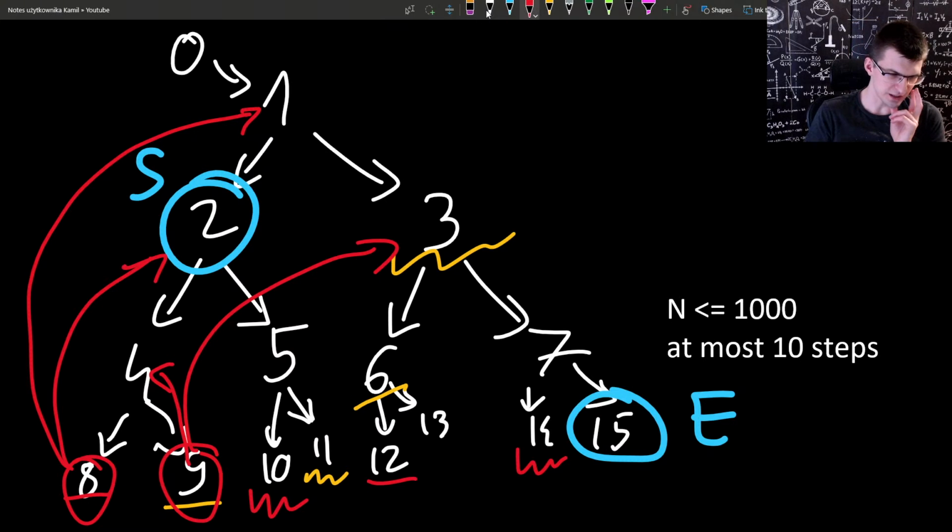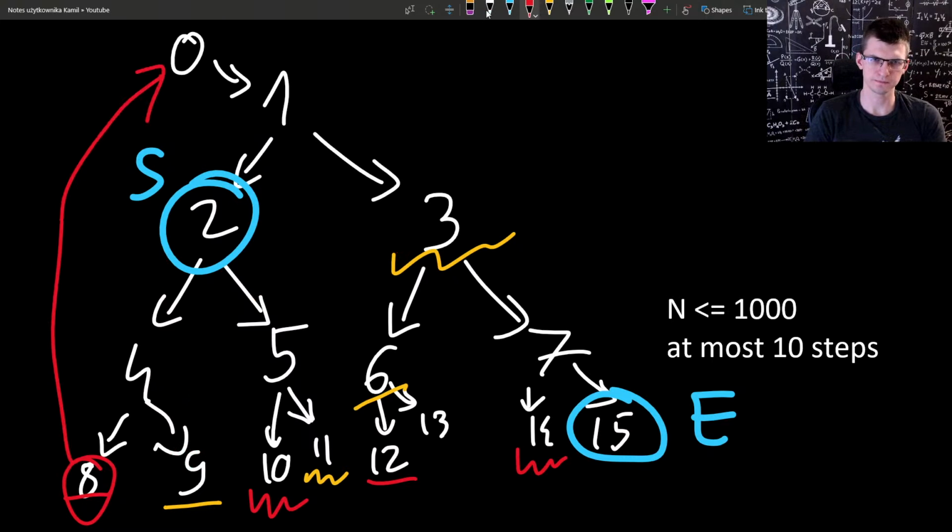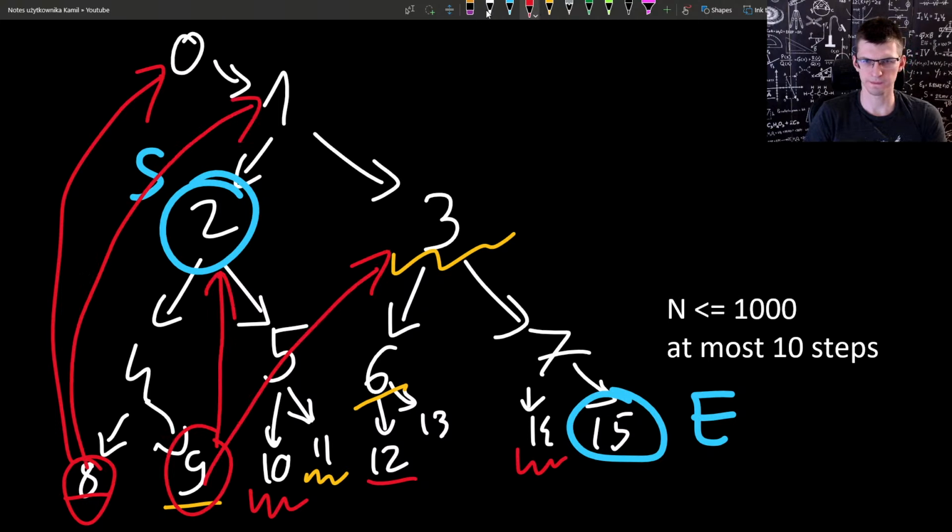I had a bad assumption that from every leaf there must be a directed edge to the root. Which is not the case. Oh, sorry, from 8 to 0 and 1. It should be like that.